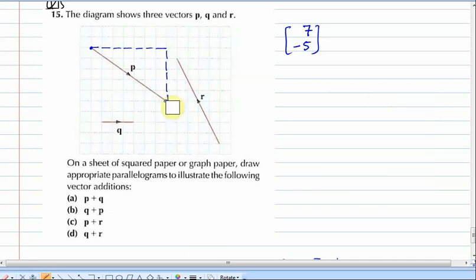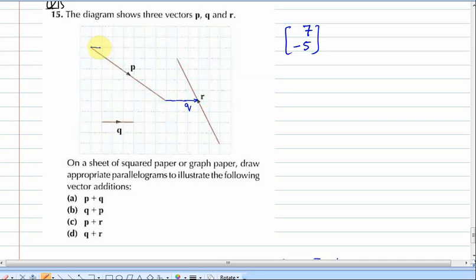Alright. The first part says P plus Q. Now what I will do is place vector Q at the head of vector P. Q is 3 steps on the x-axis, so it will be 1, 2, 3. That is my vector Q. And since we are going to draw the parallelogram, I will draw the vector Q here as well.